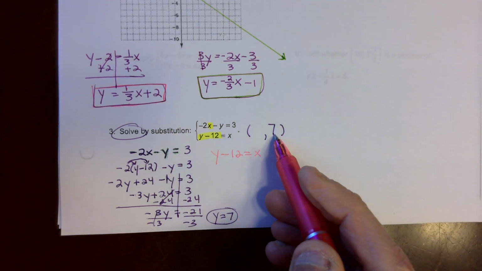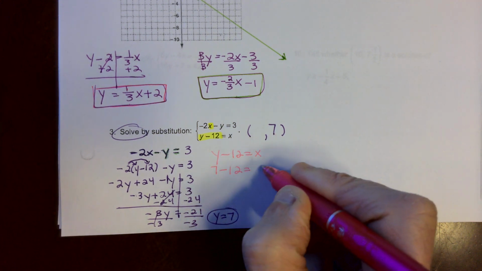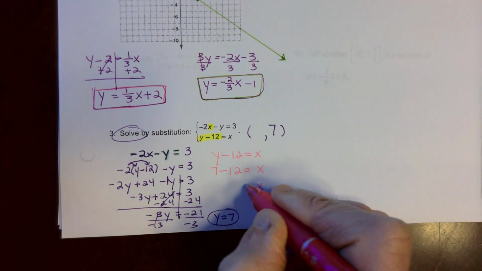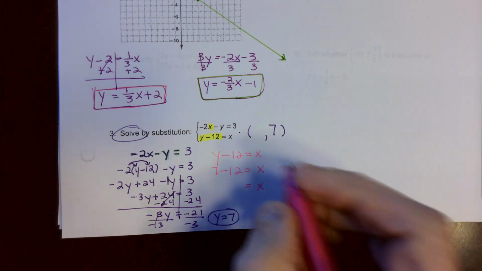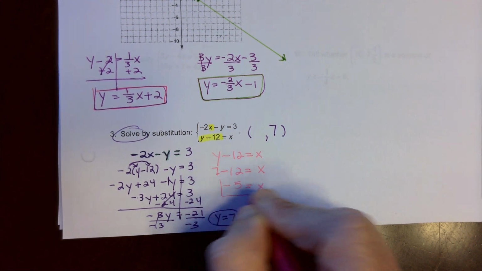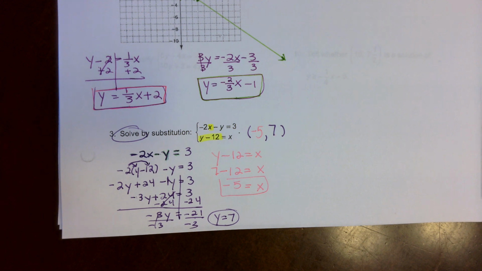So I'm going to substitute again the 7 in for the y. And x is equal to, what is 7 minus 12? It's not 5. Negative 5. There's your answer: -5, 7.